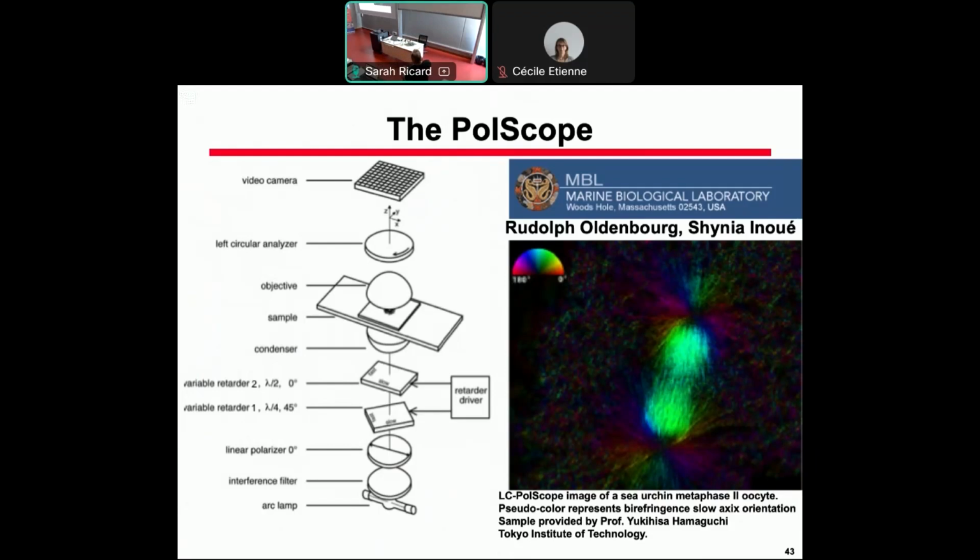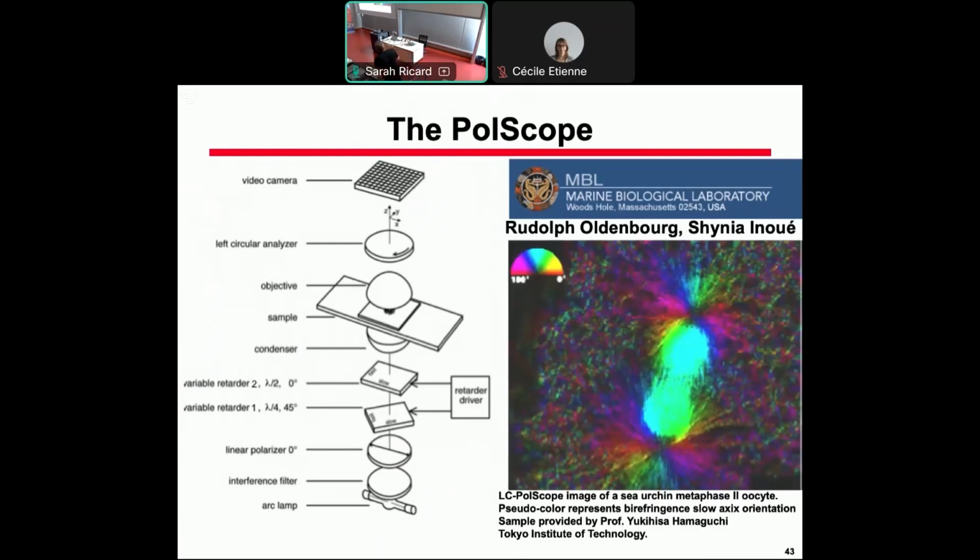So in fact, the color tells you whether this microtubule is going out of the screen or behind. So it becomes something which is much better integrated. We have the 3D, which is part of it.